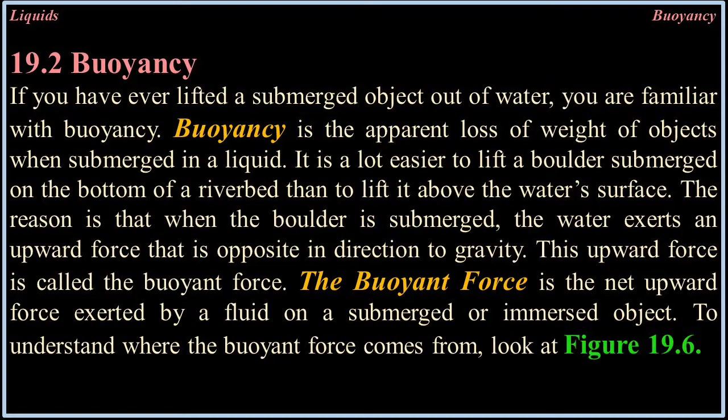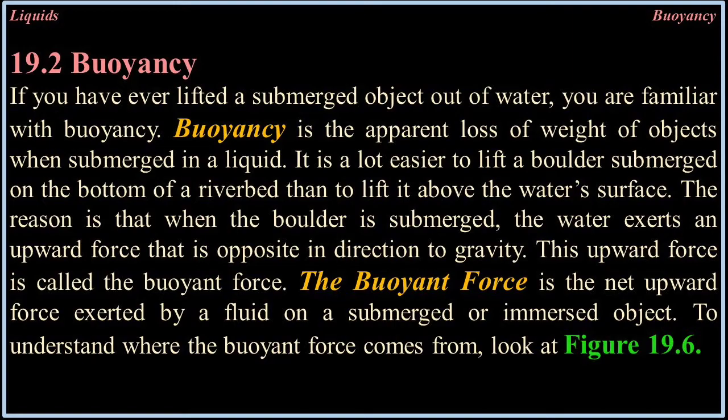19.2. Buoyancy. If you have ever lifted a submerged object out of water, you are familiar with buoyancy. Buoyancy is the apparent loss of weight of objects when submerged in a liquid. It is a lot easier to lift a boulder submerged on the bottom of a riverbed than to lift it above the water's surface.